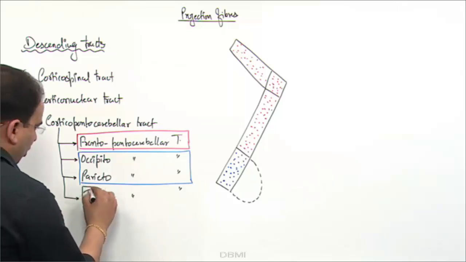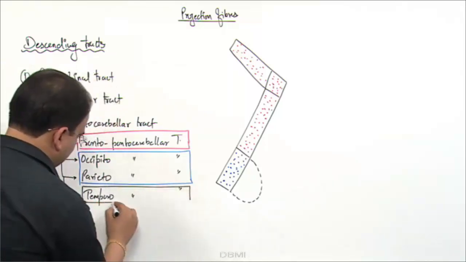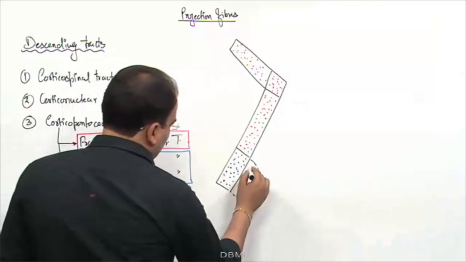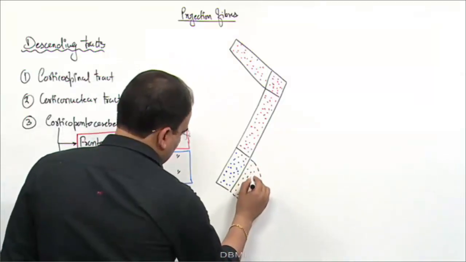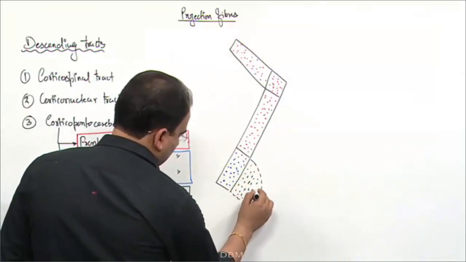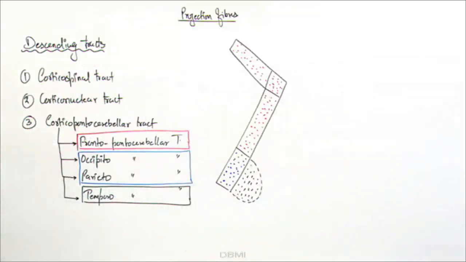And temporopontocerebellar is going from the sublentiform part.